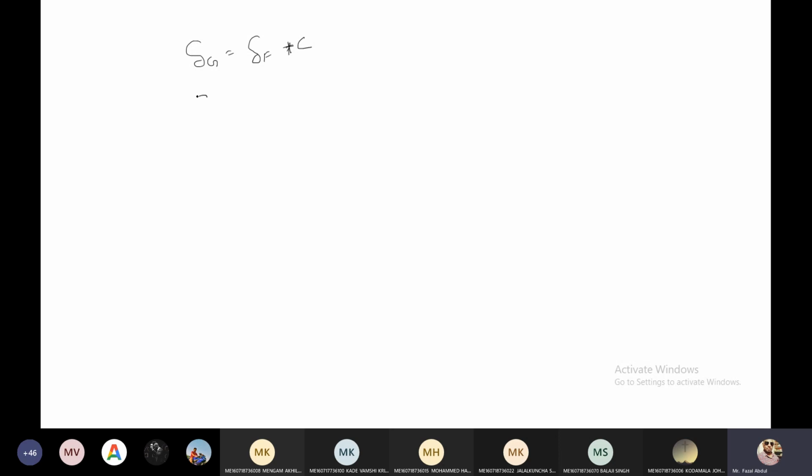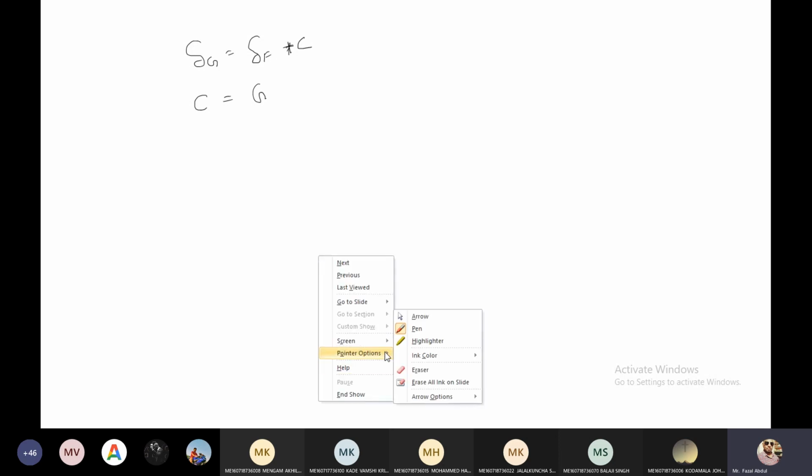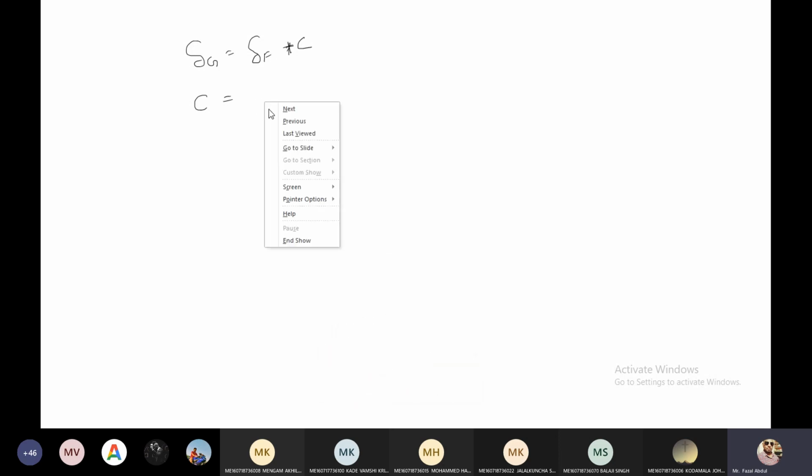With this statement we can calculate the capital C as graduated deflection minus full length deflection.